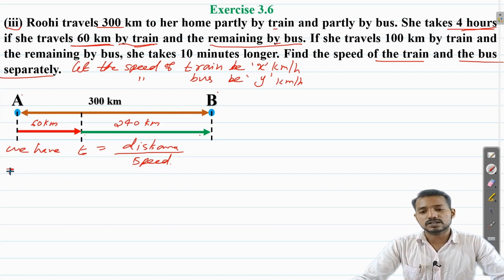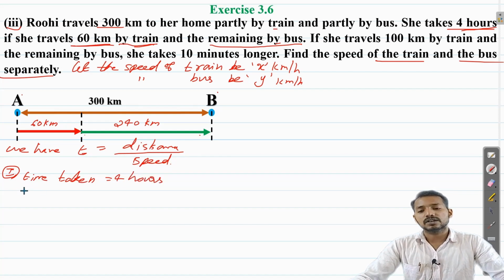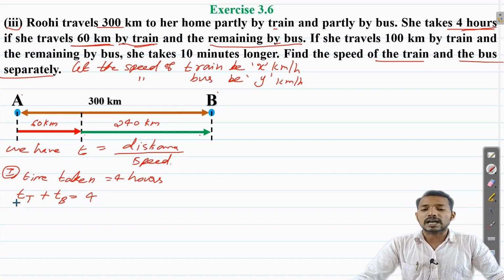So the first situation that is given: time taken is equal to 4 hours. That time taken is actually the time taken by the train plus the time taken by the bus. The total is 4 hours. What is the time taken by train? Time is equal to distance by speed.